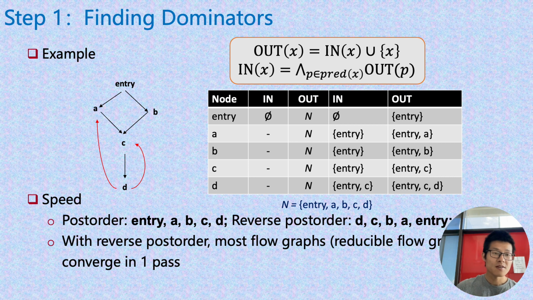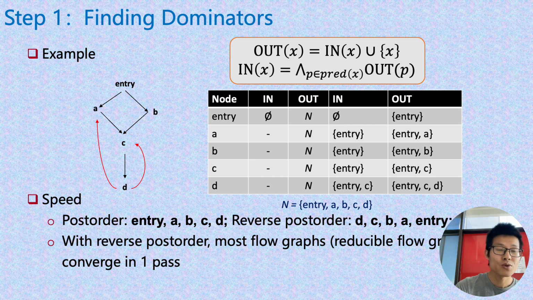We still use the flow graph used in previous slides. We first set the in value of the entry to be empty, and the out value of all the nodes in the flow graph to be N, where N is the full set of the flow graph, which is entry, A, B, C, and D.